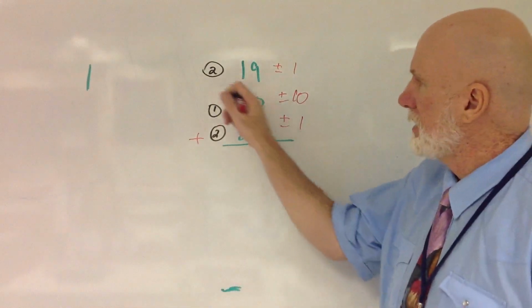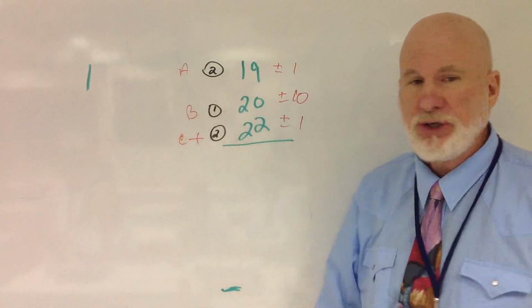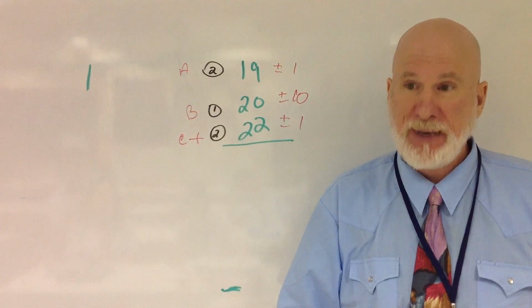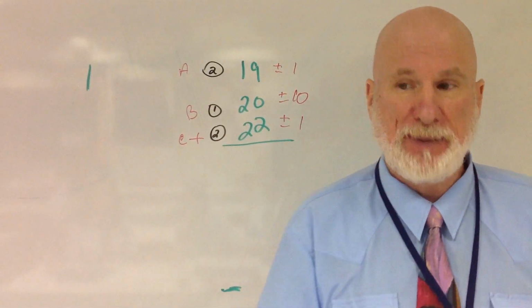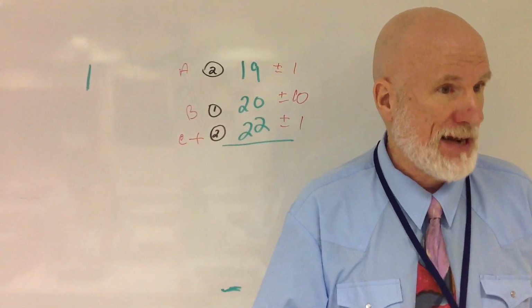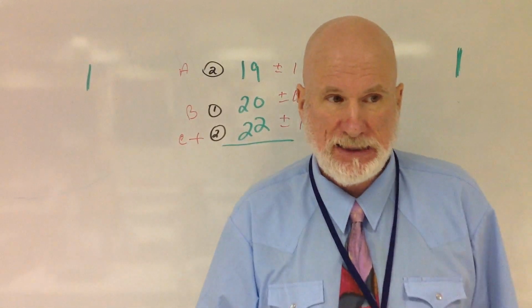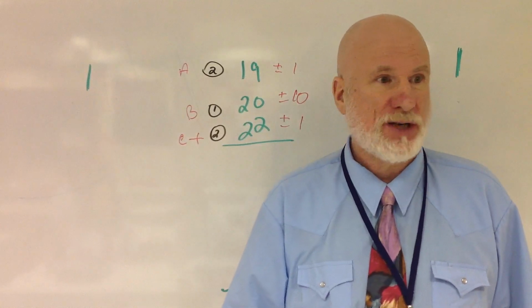Which piece of data has the worst uncertainty? B, right? So what is the uncertainty of data point B? Plus or minus 10, right? So what must my answer have for uncertainty?